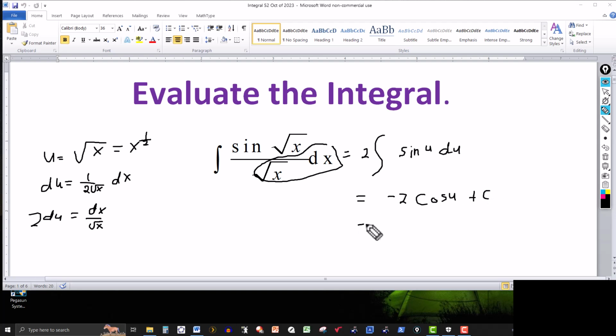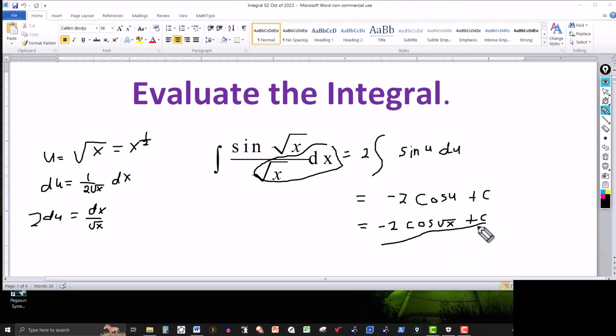And then we just go back to the original variable: minus 2 cosine of u, but u is the square root of x, plus the constant of integration. This is your final answer here.